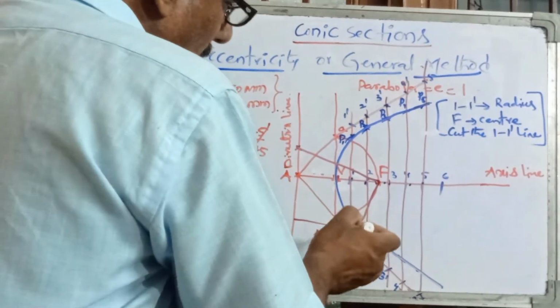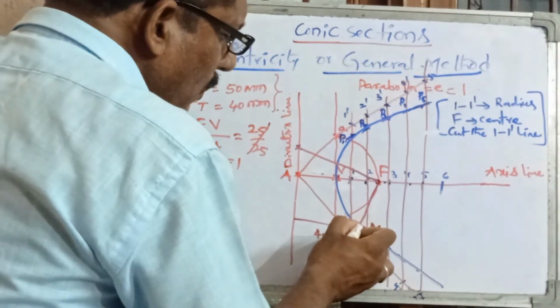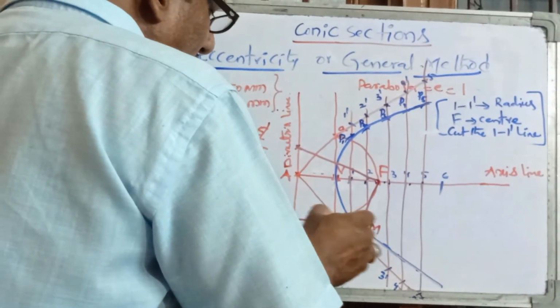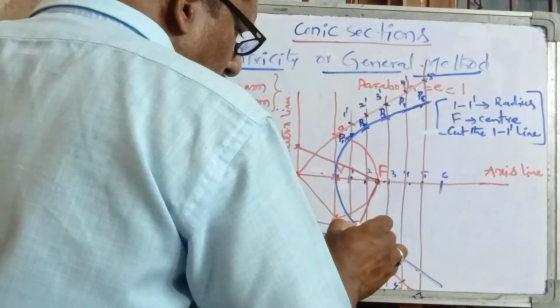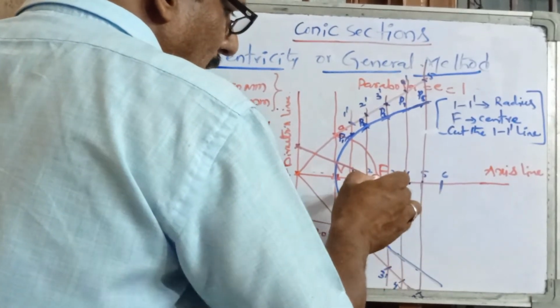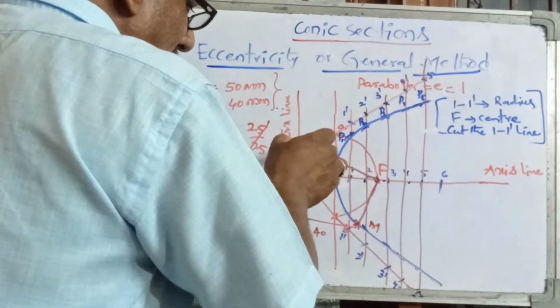Okay. So see here once again, I will explain. M is the midpoint. That is how we mark this M point. It is 40 mm from the directrix, parallel to this horizontal line. So mark the point M, join M and F by a straight line, and perpendicular to this line extend the line up to the directrix line.